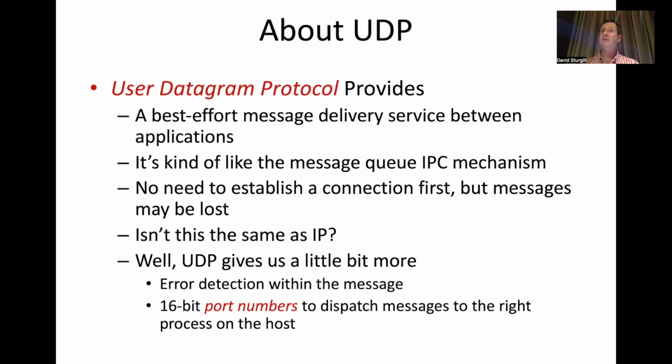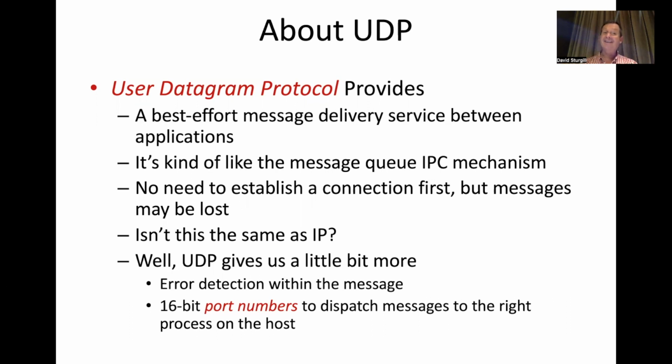Within the header, it adds a port number so that when that datagram arrives, it knows which application to give it to. It doesn't just make it to the host, but it can make it to a particular receiver on that host. And it adds some additional header information to detect errors within the body of the datagram.